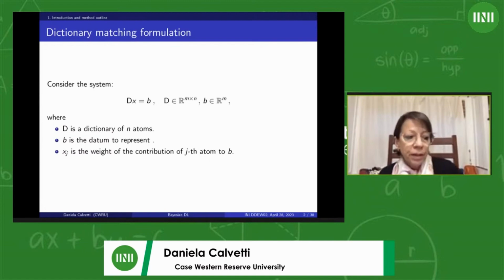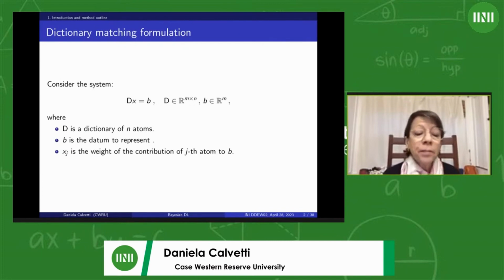So the problem of expressing a vector, a signal, whatever we have, an object that we can encode in the form of a vector b, in terms of a linear combination of a collection of items, can be expressed as pretty much a linear system. I can write that I want to express b as a linear combination of the columns of D. So I'm writing the system Dx equals b here.